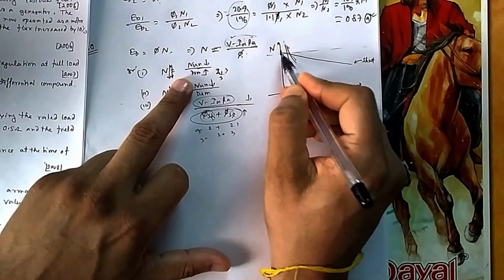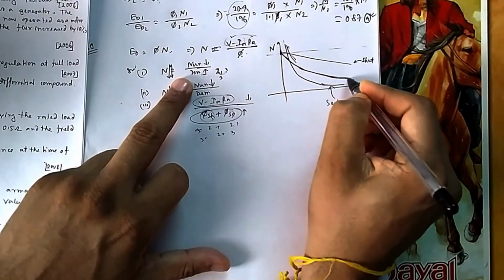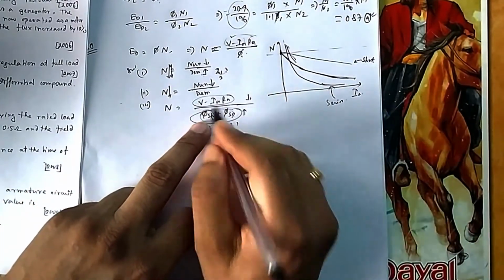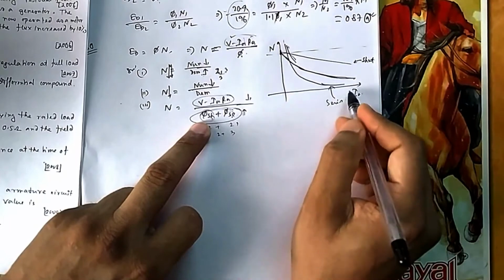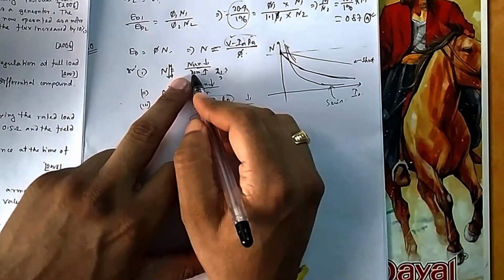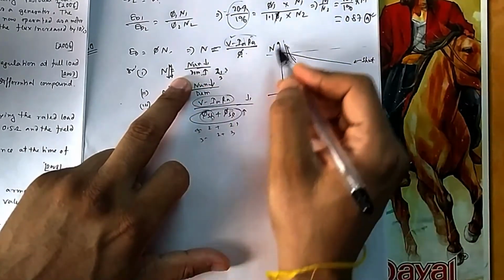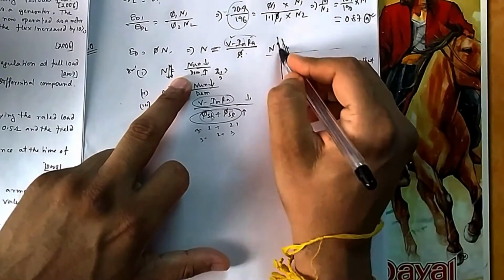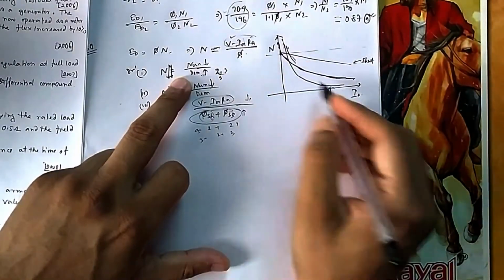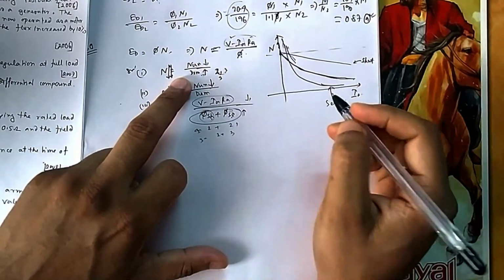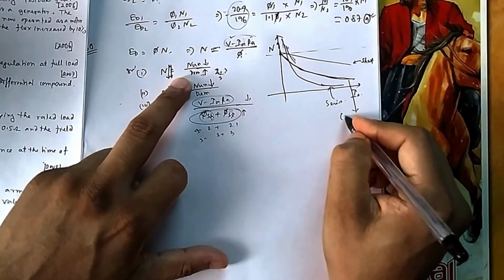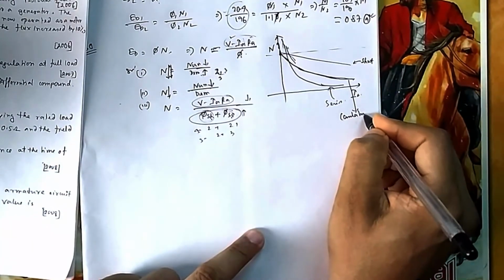But here it will not go to infinity; it can start from some value, because if you make Ia 0, you still get some value. But in series, if you make your Ia 0, that means phi is 0, so it will be infinite. That's why a series motor cannot be started at no load, because it will give infinitely high speed. So this is your cumulatively compound.